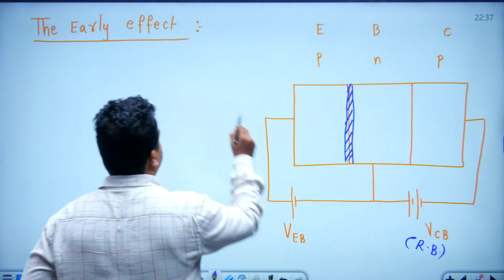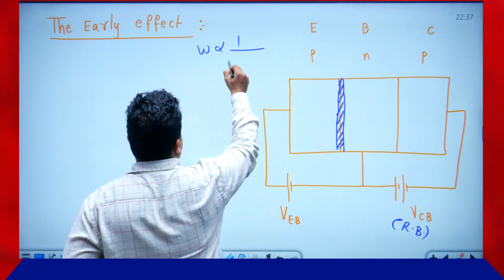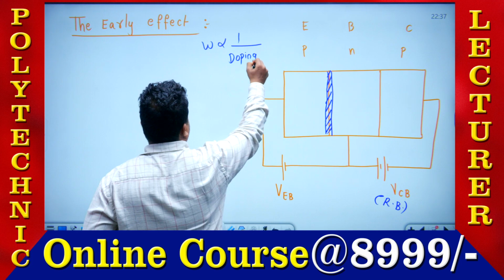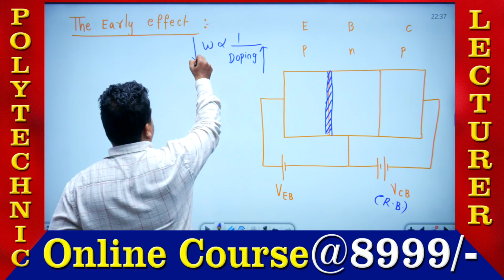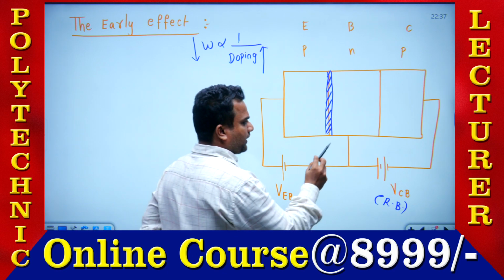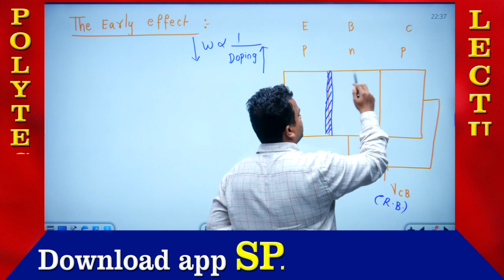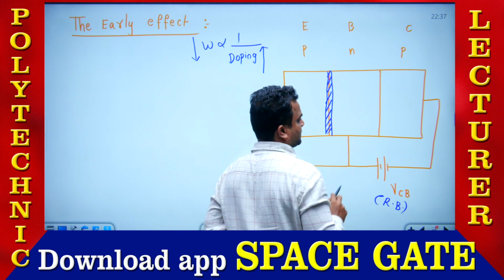And we know, guys, width is inversely proportional to doping, that is, proportional to 1 by doping. That means if a semiconductor is heavily doped, then automatically its width reduces. According to that, as the collector is mediumly doped and the base is lightly doped, the collector is heavily doped compared to the base.